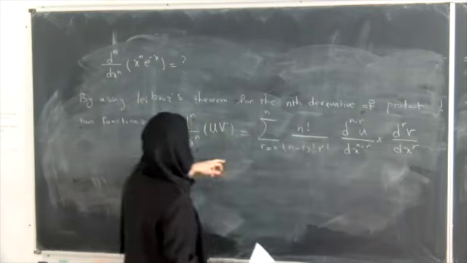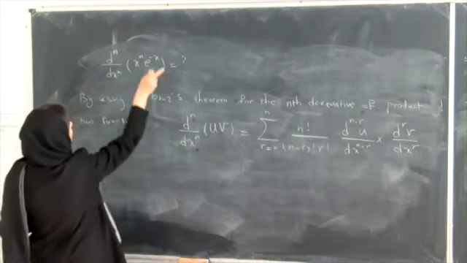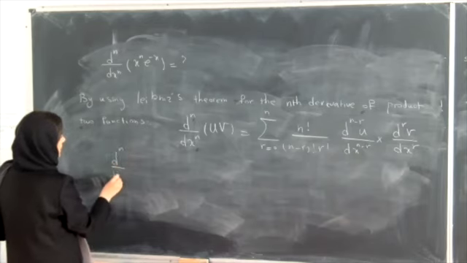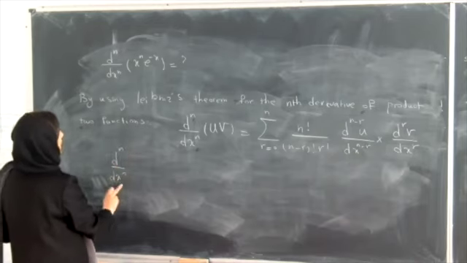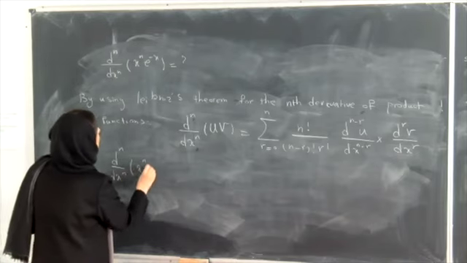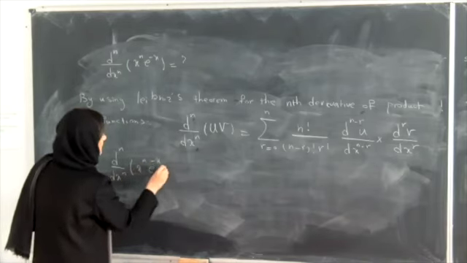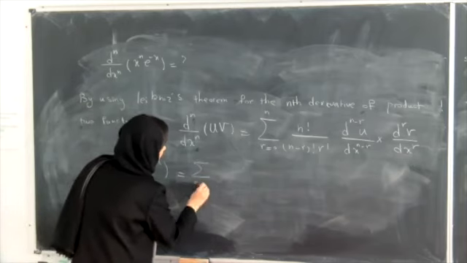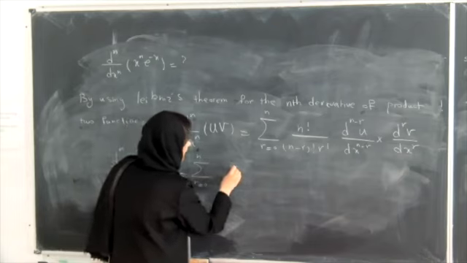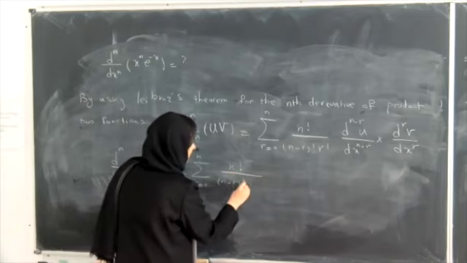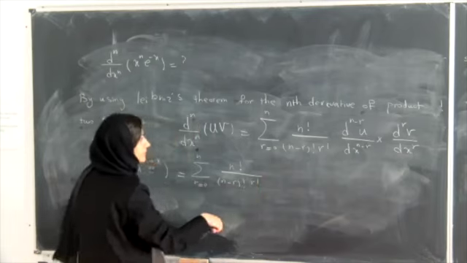By using this, for this equation, we can write the n-th derivative with respect to x of xⁿ times e to the minus x equals the sum from r equals 0 to n of n factorial over r factorial times (n minus r) factorial.